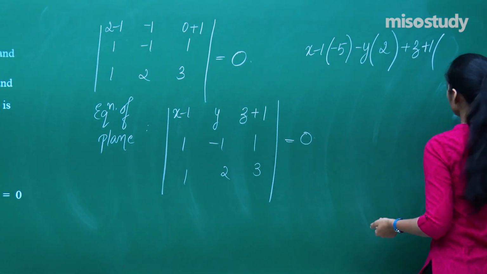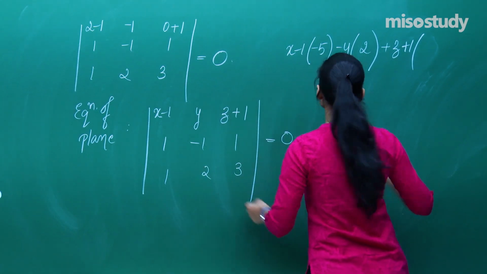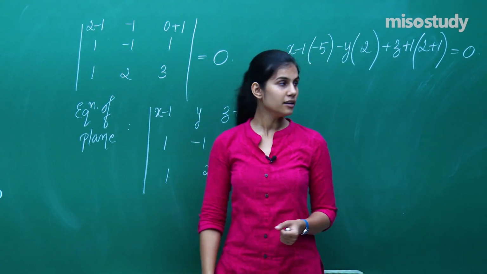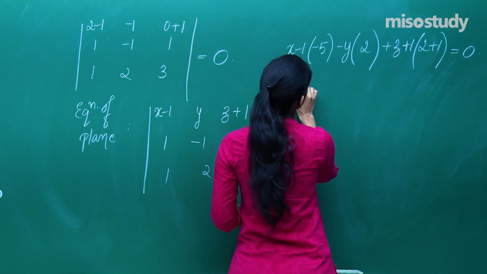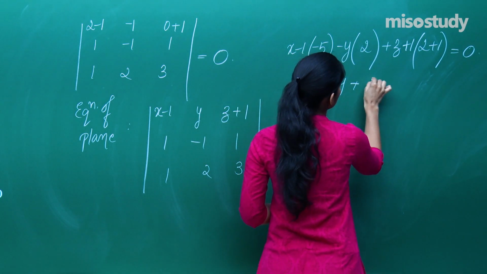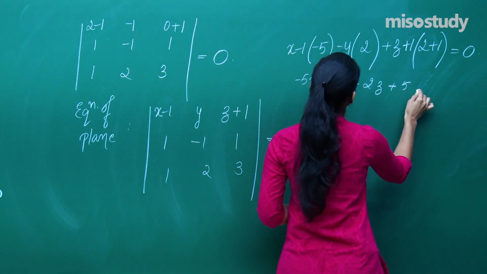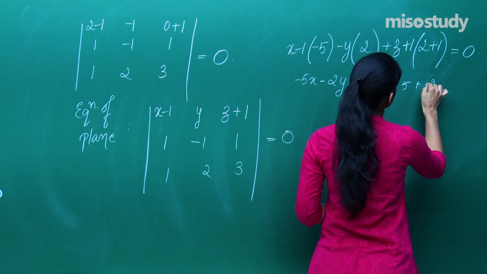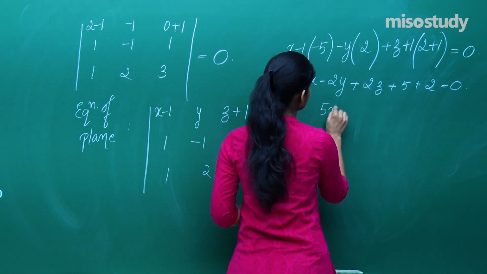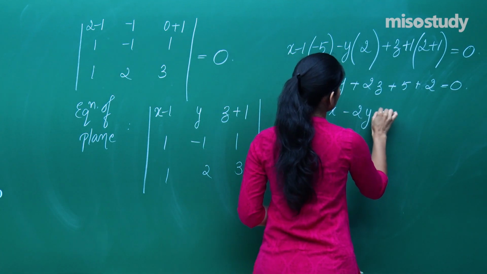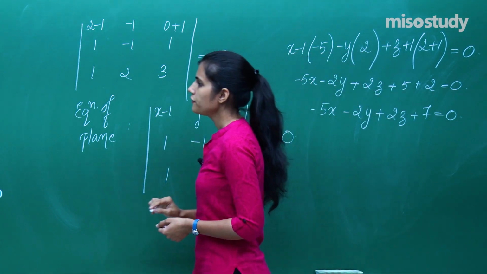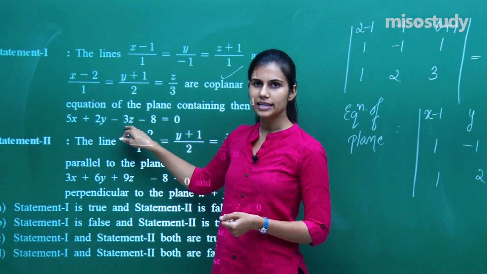You have z plus 1, and then you have 2 plus 1. Clear? So from here you get, what do you get? You get basically minus 5x minus 2y plus 2z plus 5 and plus 2. Right? So you have 5x minus 2y plus 2z plus 7 equals 0. You want 5x plus 2y minus 3z minus 8 equals 0.